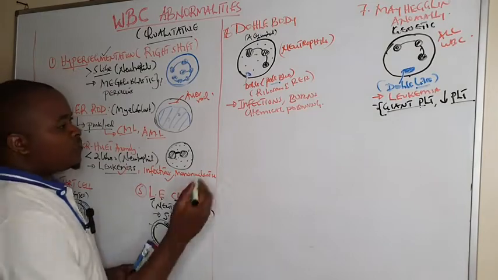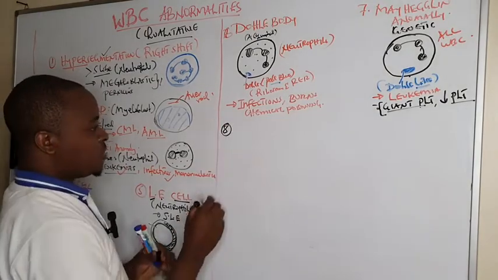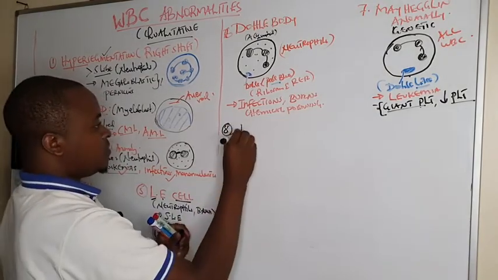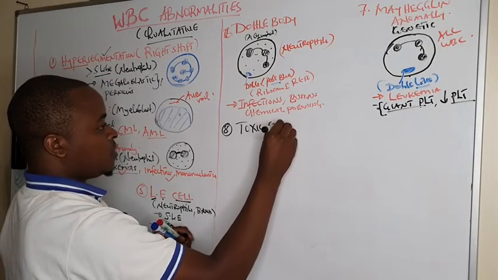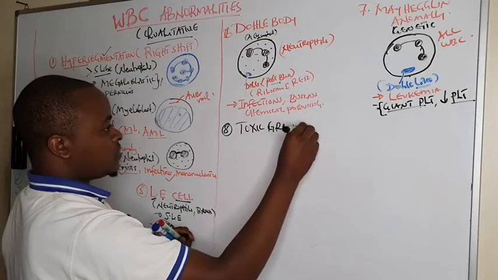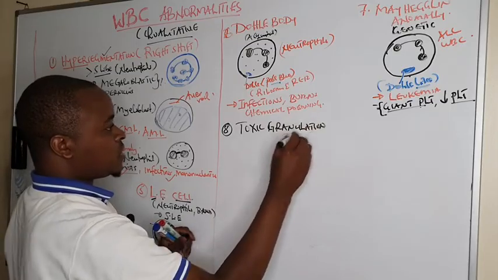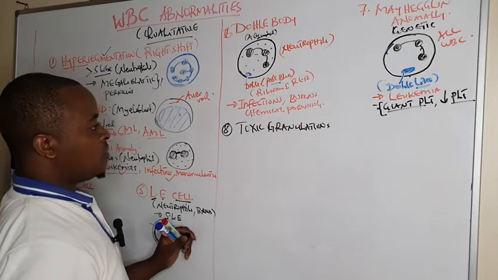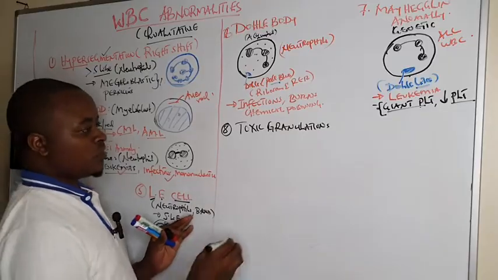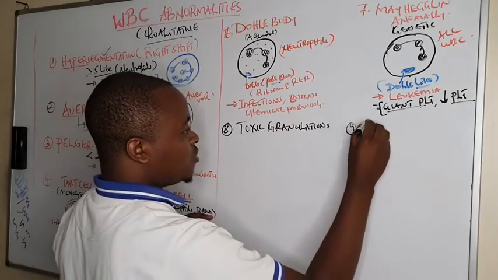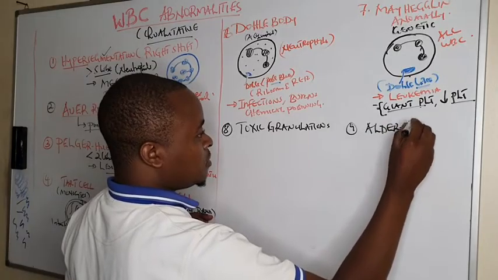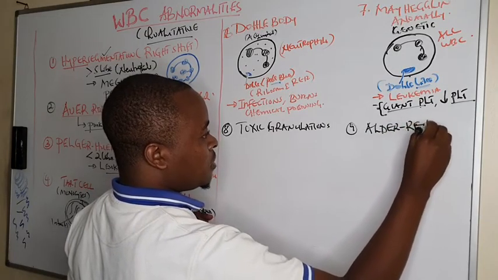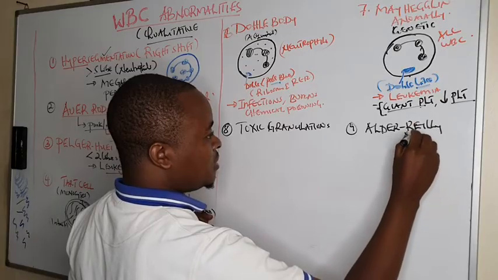So number 8, we are going to discuss toxic granulations. And these toxic granulations, we are going to discuss together with number 9, which we are going to call Alder anomaly.